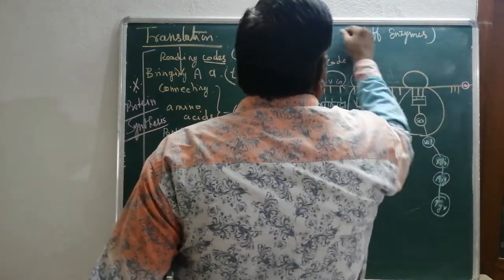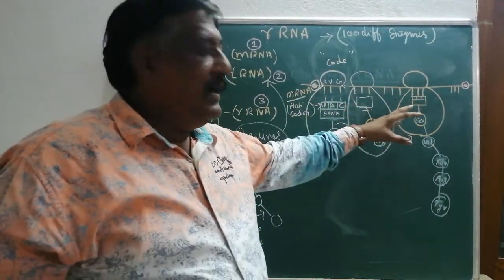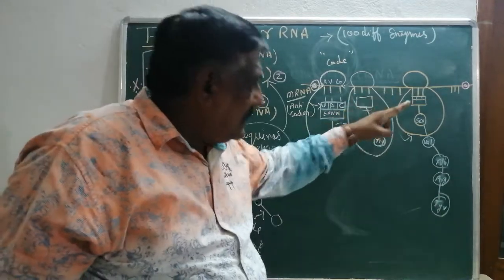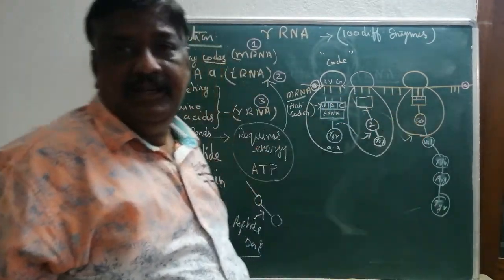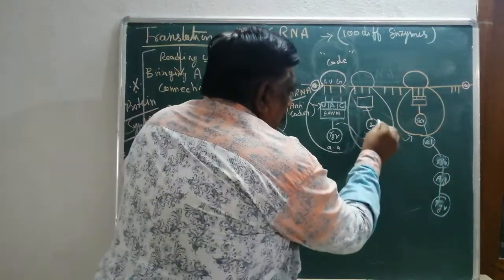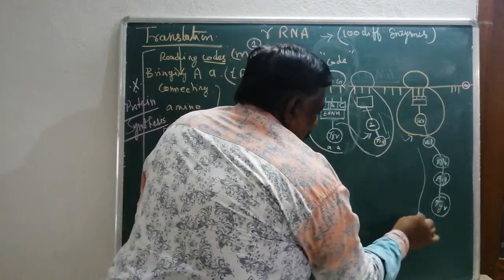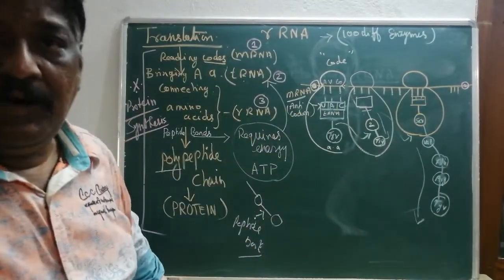Not one or two, 100 different enzymes. That's why the role of this RNA is very important, and that cuts and takes the other chain and connects it with the newly formed chain. So the chain gets elongated. See, the chain is getting elongated. Now this is called a polypeptide chain. Now the protein is formed.